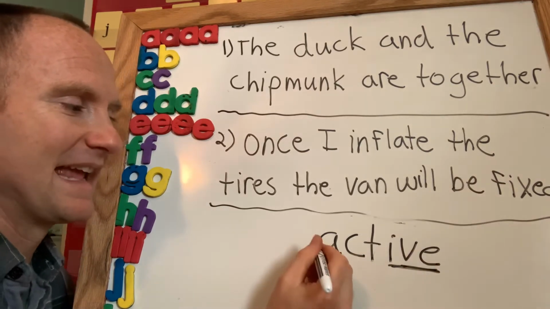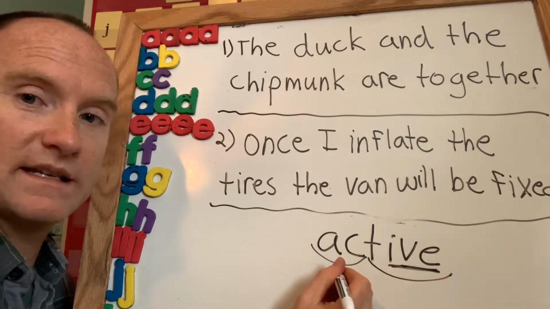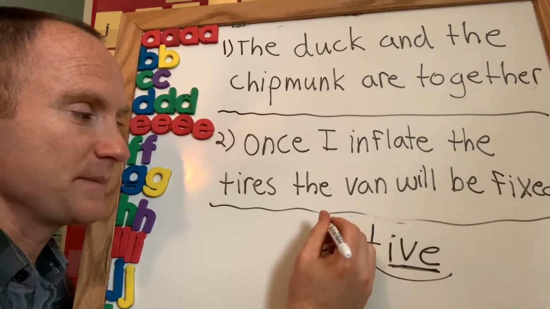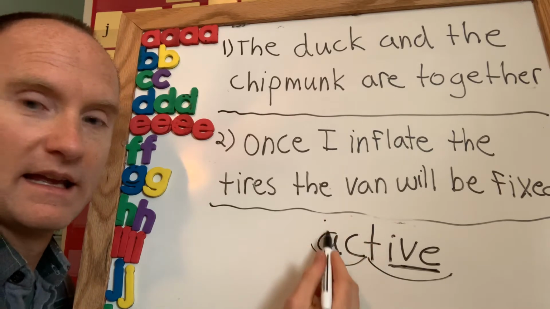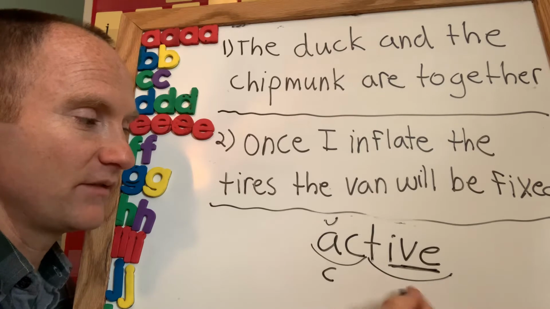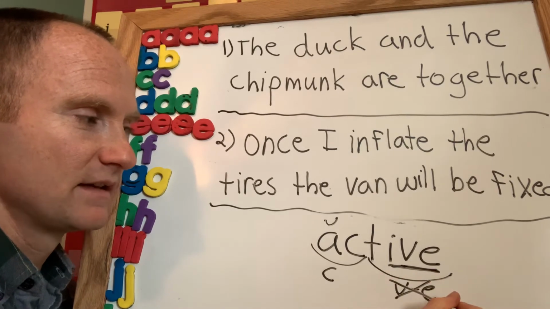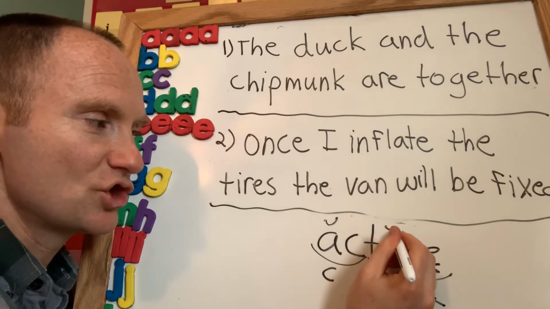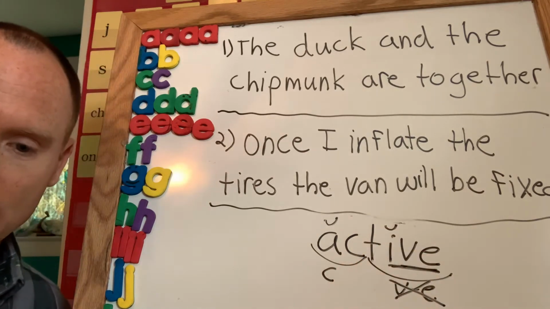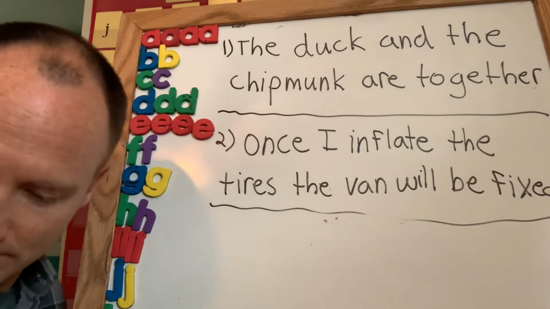How would I mark it? Active. First one is what kind of syllable? Closed. That means this is what type of vowel? It is a short vowel. It does not say its name. Active. We already talked about how this is a vowel consonant E exception. And this would be short this time, okay? Because it does not say its name, all right?